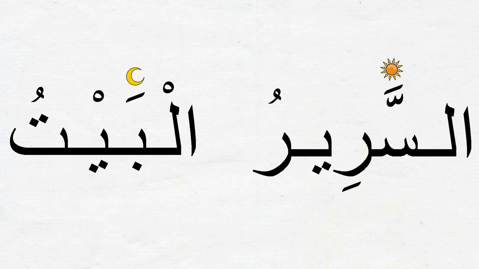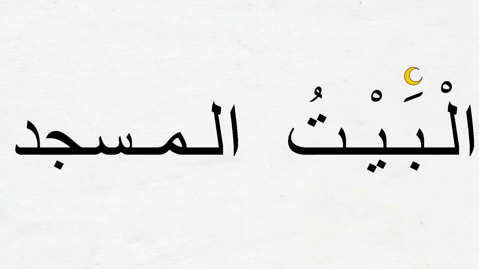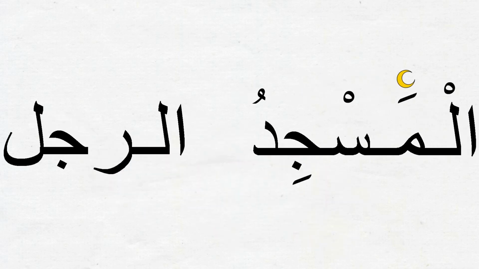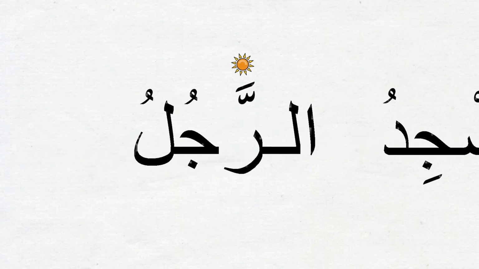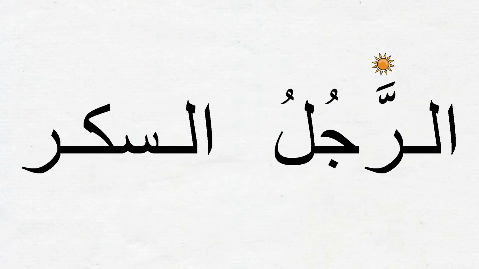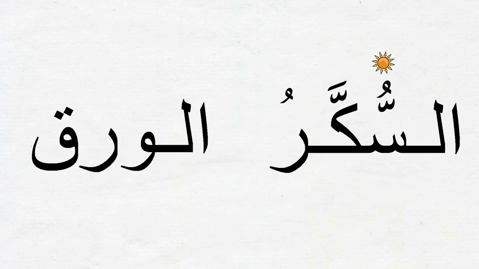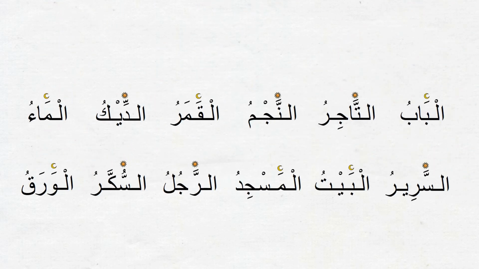Al-baytu, the house. Al-masjidu, the masjid. Ar-rajulu, the man. Ra is the Shamsiyya letter here. As-sukkaru, the sugar. Al-waraqu, the paper. So the letter wa is the Qamariyya type. So no shadda used, but we put sukun on lam of al.